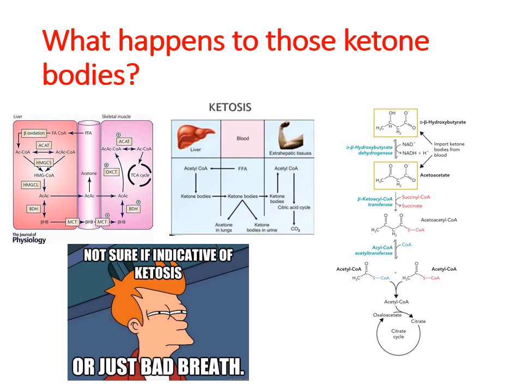They're able to travel through the blood and throughout the body, and then cells, especially skeletal muscle and in the brain, can convert the ketone bodies back into acetyl CoA. That ends up being very valuable because that can then enter the citric acid cycle to produce ATP. So you can see over here, that acetyl CoA going back into the citric acid cycle.